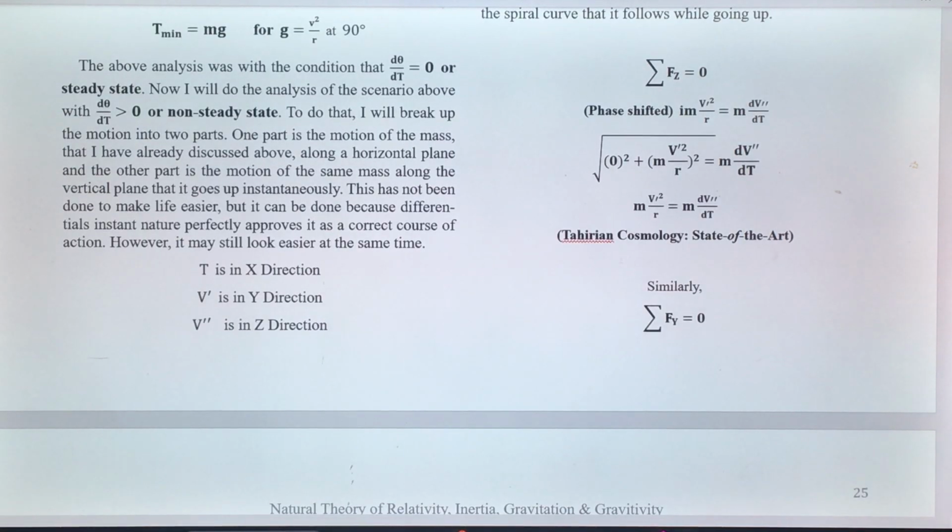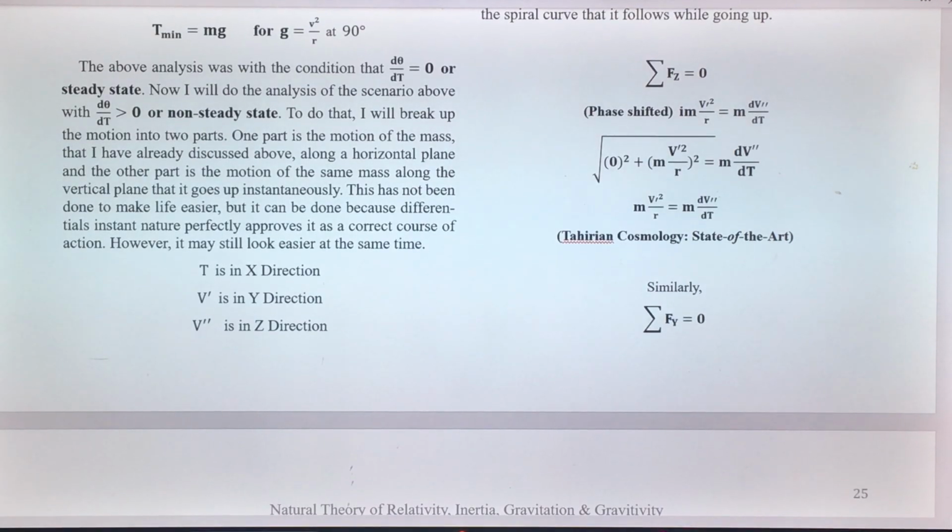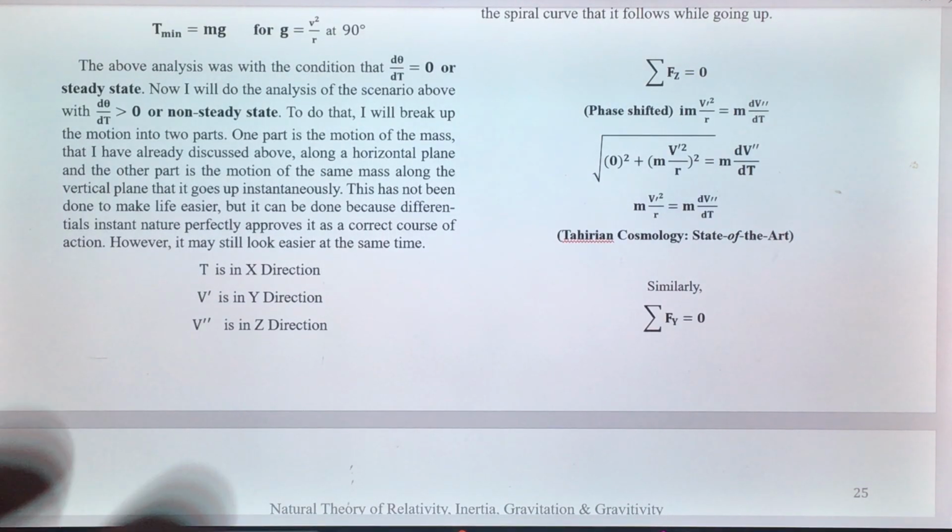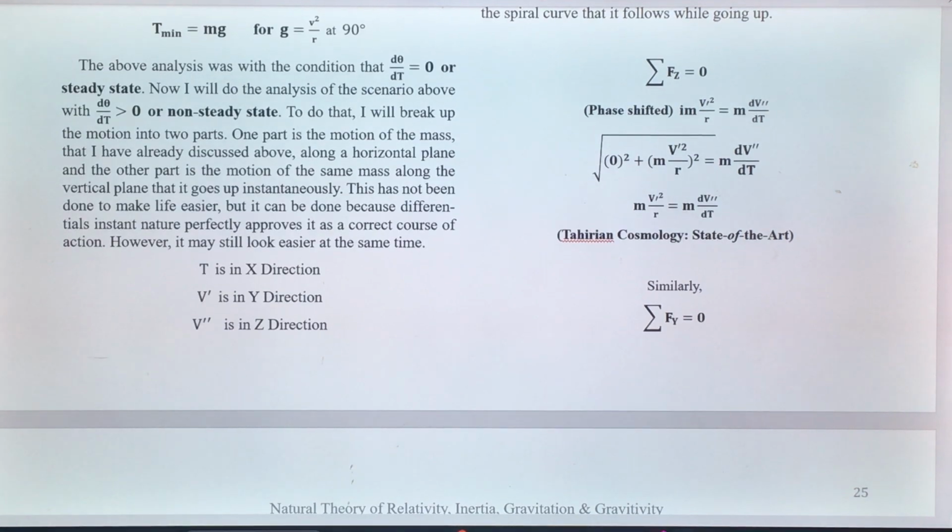It acts in both directions, but one part of the couple is taken by m dv double prime over dt as counteractive force to it. So they come in counteraction, like mechanical forces counteract inertial, inertial counteract mechanical. But in this case, two inertial forces lock up each other and they counteract each other. Tahirian cosmology, state of the art.